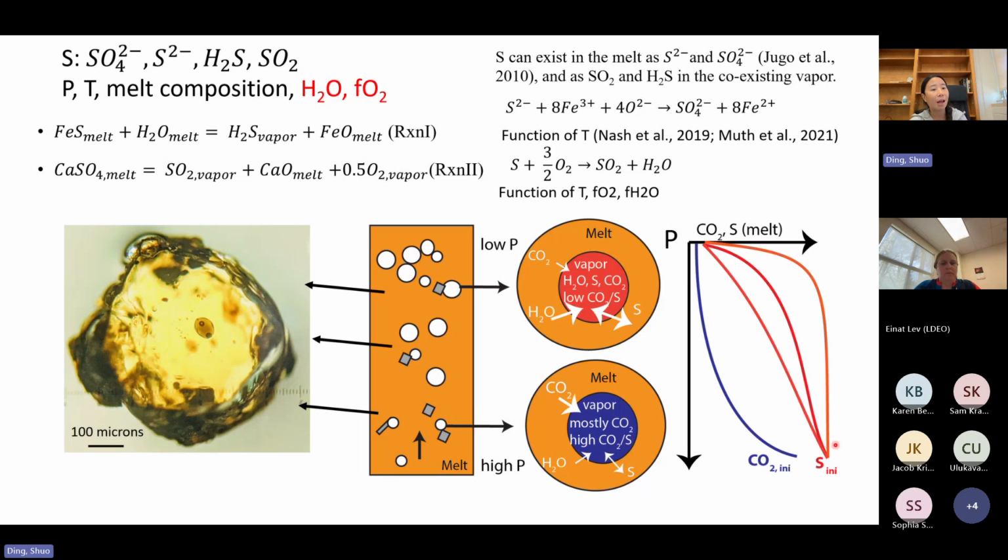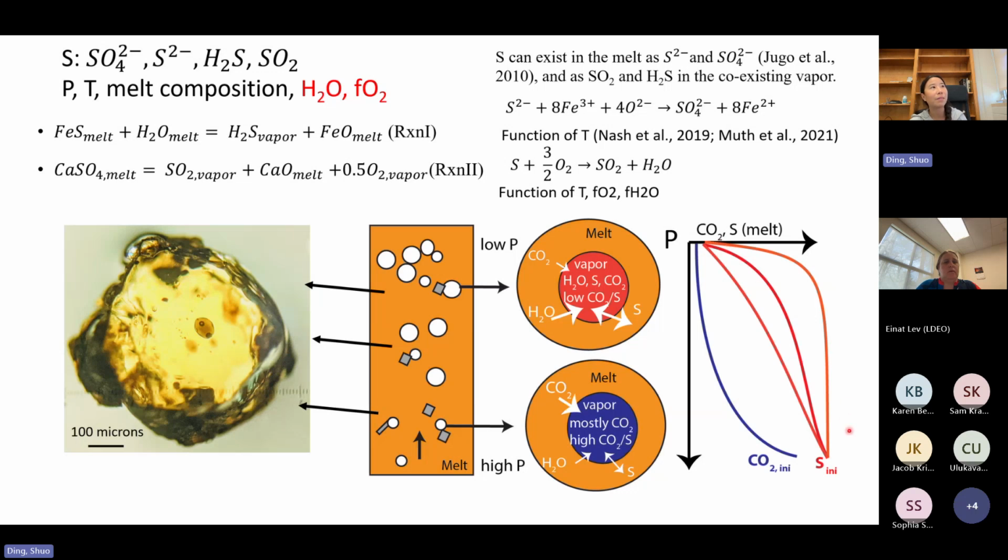Before maybe 2020, there were pretty limited models, and the conventional way of thinking was that sulfur degasses very late. The solubility follows this trend: it only decreases at very shallow pressure.